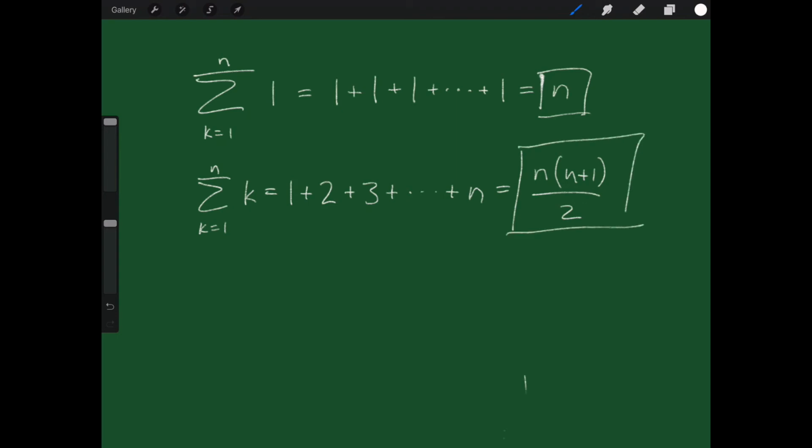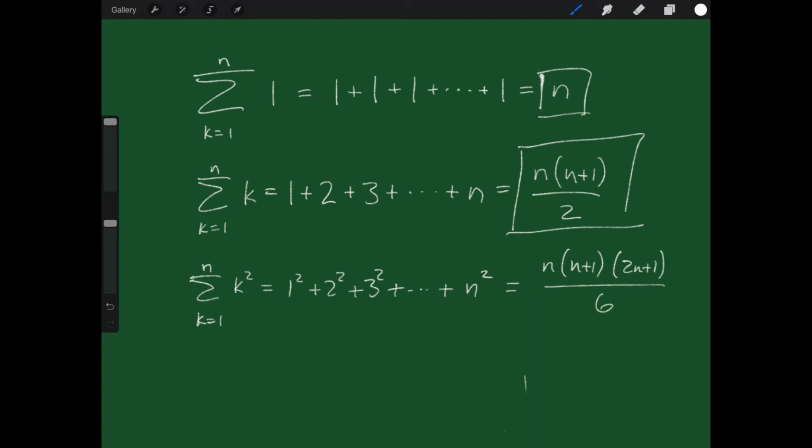Another one that's good for us to remember is the following. What if we want the sum k going from 1 to n of k squared? I could write this out again. This is 1 squared plus 2 squared plus 3 squared plus, and so on, plus n squared. And this just happens to be n times n plus 1 times 2n plus 1 over 6.